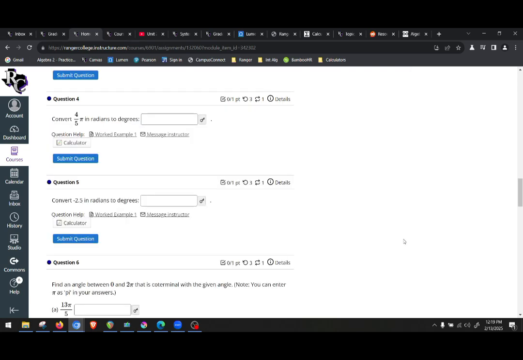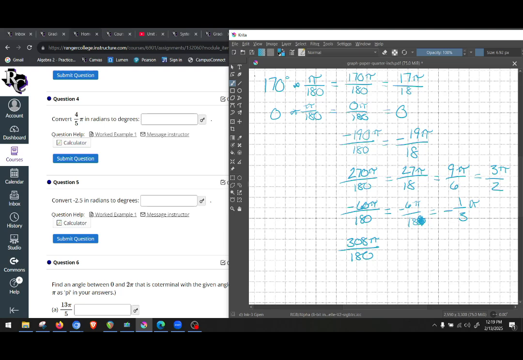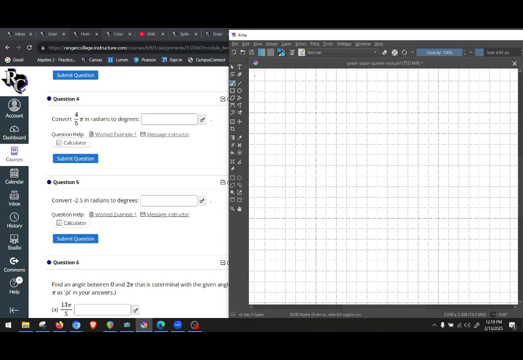Okay, here we're going backwards from how we were doing it. So we're going from radians to degrees. The way we derive all this is 2 pi radians equals 360 degrees.